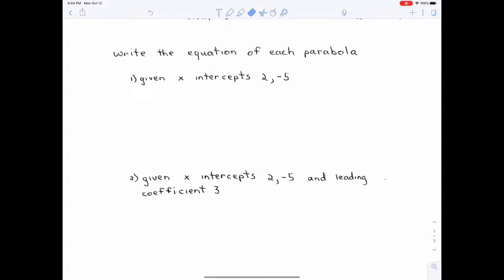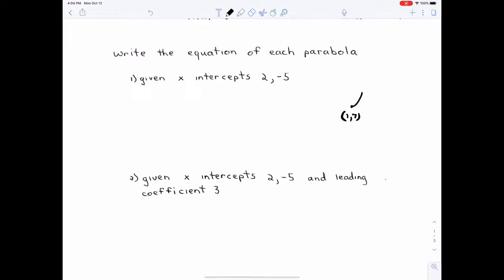Now, there's another problem, though. See, I've told you in the past, and don't write any of this down, let's say you had a vertex 1, 7. How many parabolas could you draw through that?